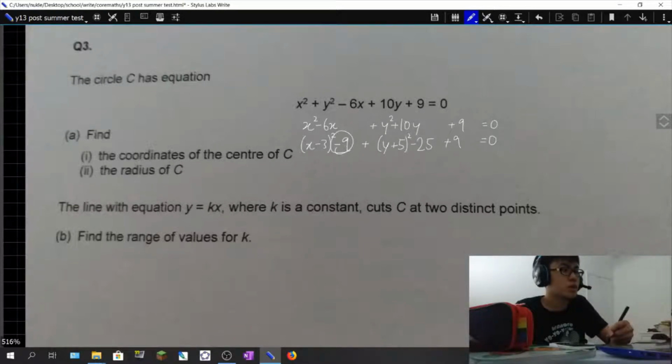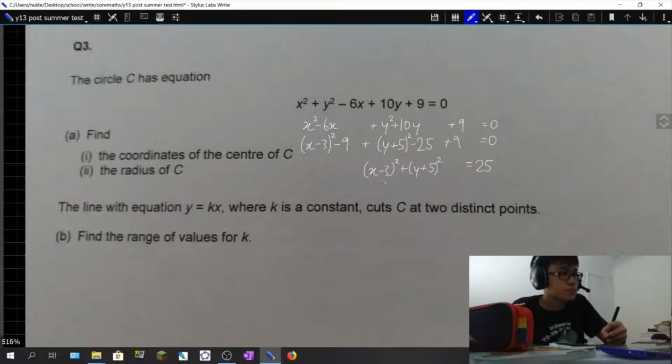You can see that's a minus 9, that's a plus 9, they cancel out. So now we're left with x minus 3 squared plus y plus 5 squared is equal to, we put that on the other side, reverse the sign, positive 25.